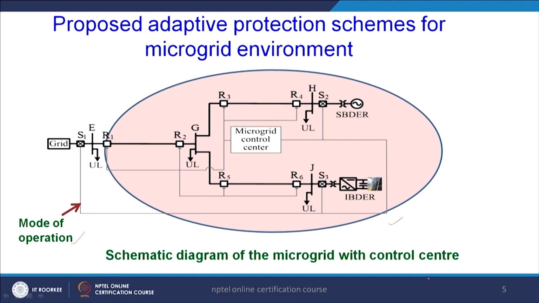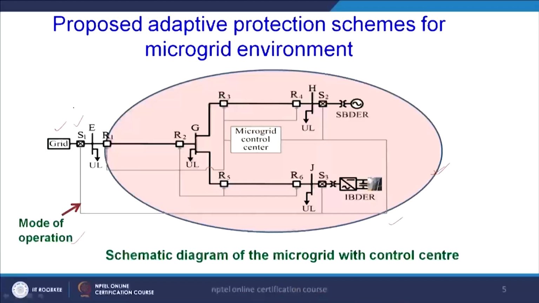This microgrid which I have just highlighted, whether it is connected to the grid through switch S1 or disconnected from the grid, that is the islanded operation of the microgrid system. Those modes of operation basically decide the flow of current and the direction of the fault current. So, that is why we are interested in whether the mode of operation is grid connected or islanded.